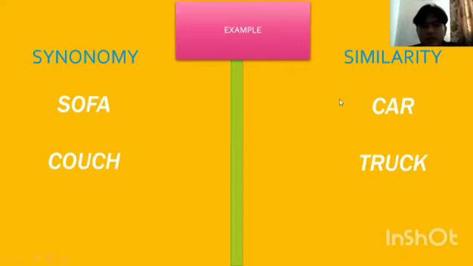If we see in real life, car and truck are different types of vehicle, but they can be similar because a car has 4 wheels and a truck has 4 wheels. So they may look similar, but if we see the object, it is different. But these two words have a relation.